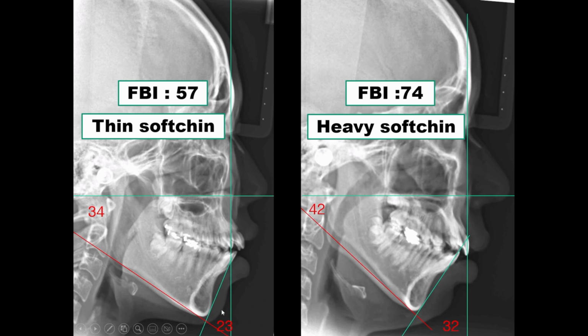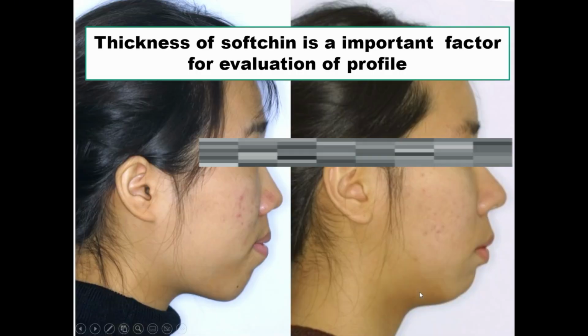But look at this patient, really thin soft tissue. This patient, really thick soft tissue. So the face compensates. Okay, so please always check soft tissue plus bone structure.